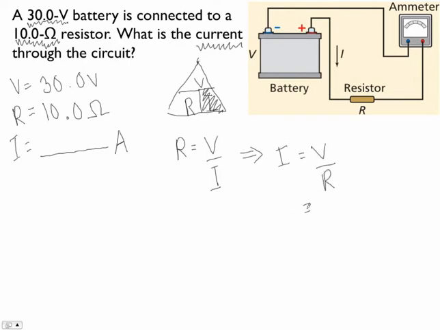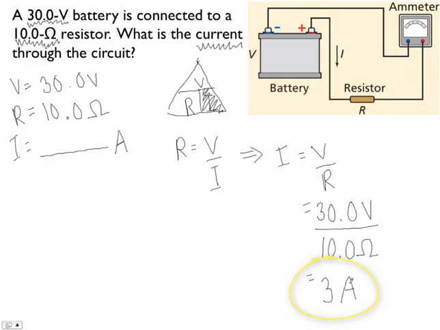So then we can go ahead and plug in our volts. They're 30. And our resistor is 10. And so 30 divided by 10 is just 3. And the units for current are amps. So 3 amps. And that's all you have to do.